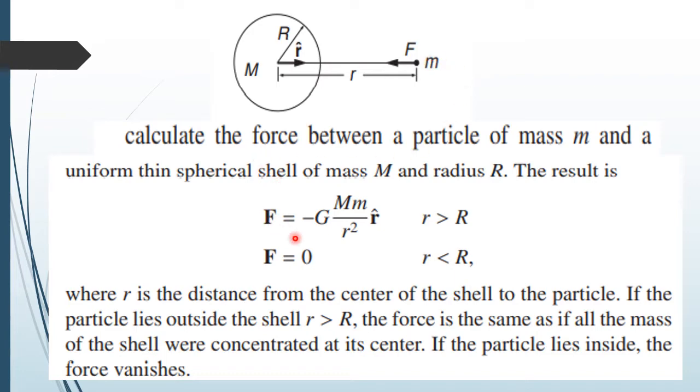Okay, so the result is F equals minus G M m by r square into r hat, where r is the distance and r hat is the vector radially outward. The force has a negative direction and it is an attractive force towards the center of M. This expression holds when r is greater than R, where R is the radius of this spherical shell.